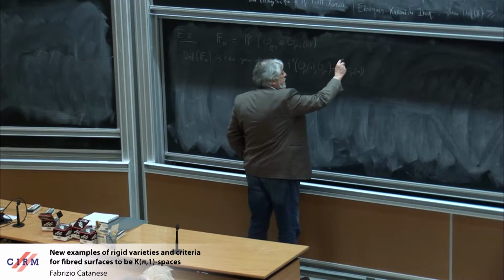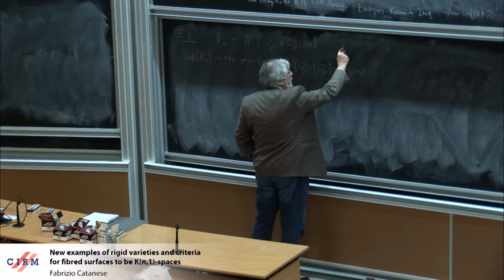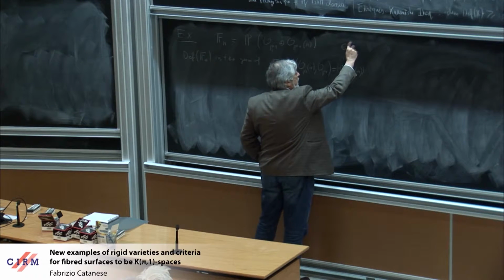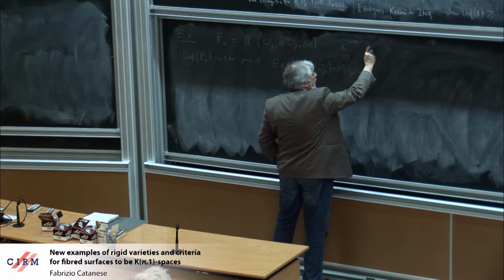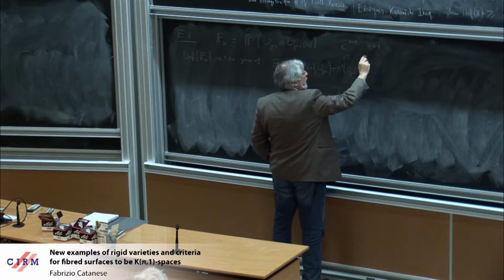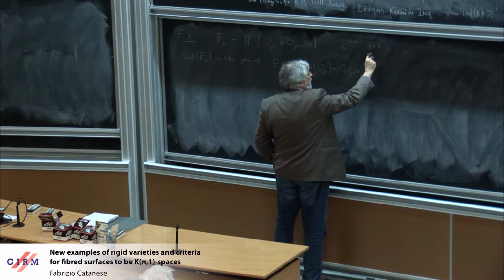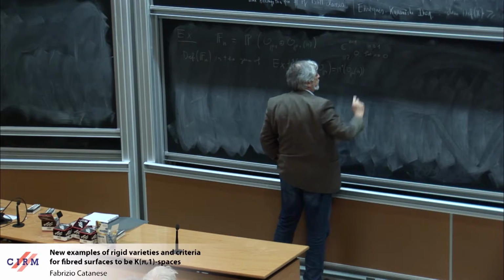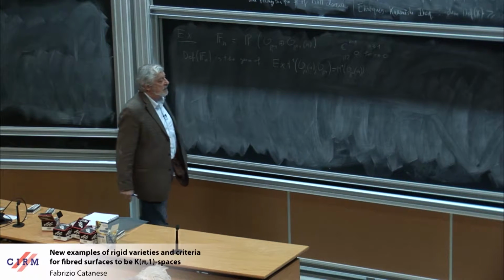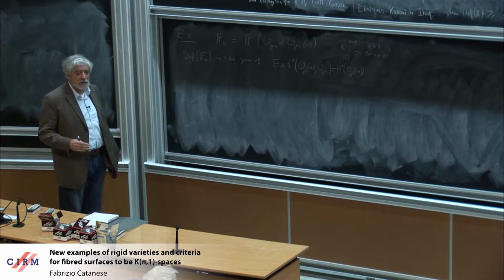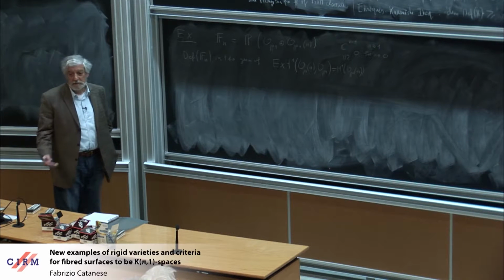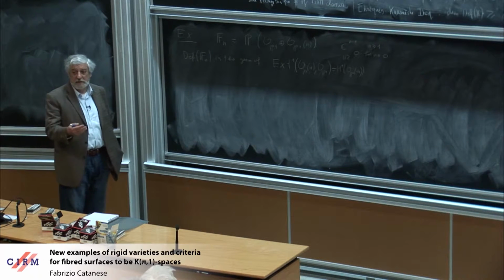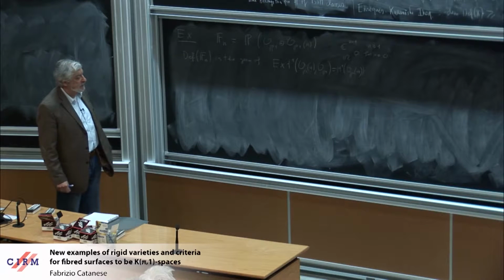So this is C to the n minus 1, for n at least 1, and for n equals 0, we get 0. So either it's negative or you have to add 1 for the dimension.